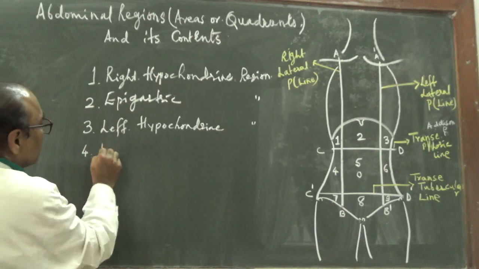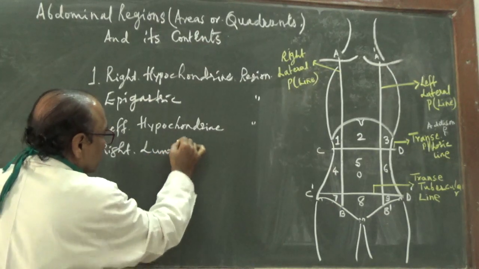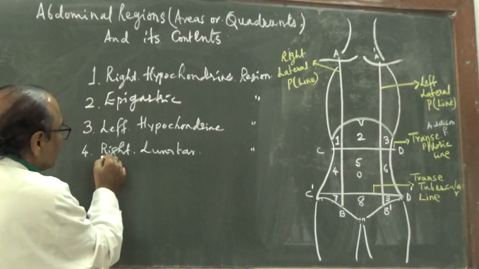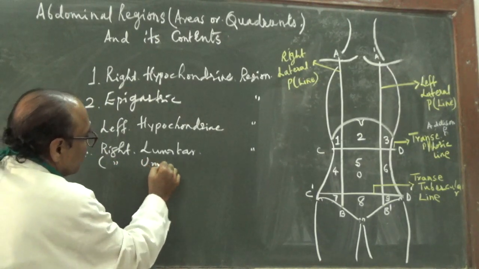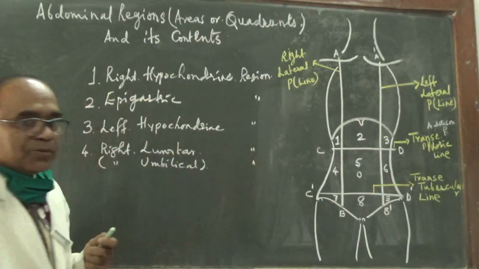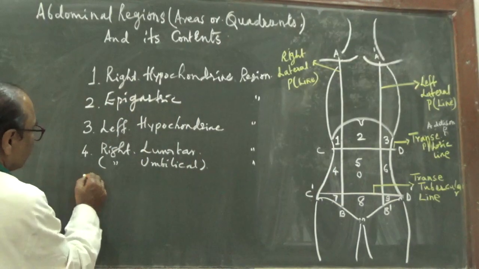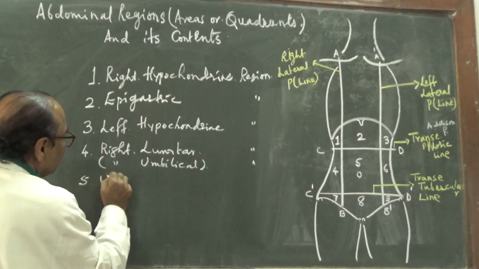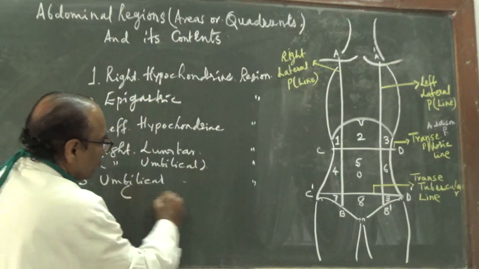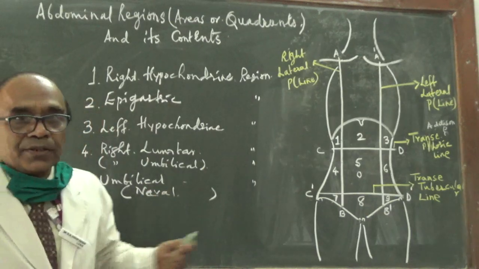Fourth, right lumbar region, also called the right umbilical region, a synonymous term, because it lies to the right of the umbilicus. Fifth is called the umbilical region, also called the navel region.